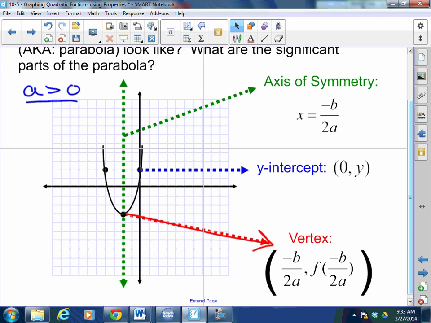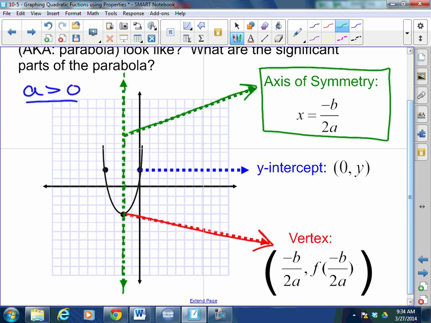Well, I first find my axis of symmetry, which cuts it in half, by using the formula x equals negative b over 2a. Remember, an x equals equation is a vertical line. So that's why we have a vertical line going through that x value.